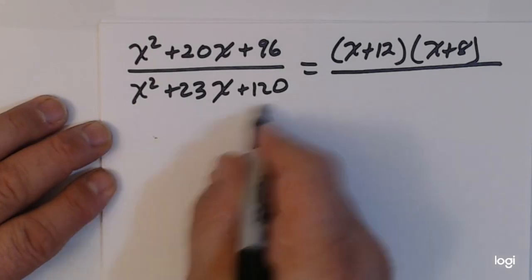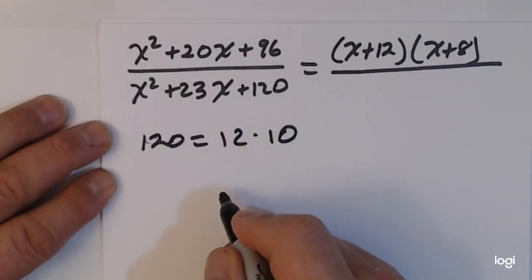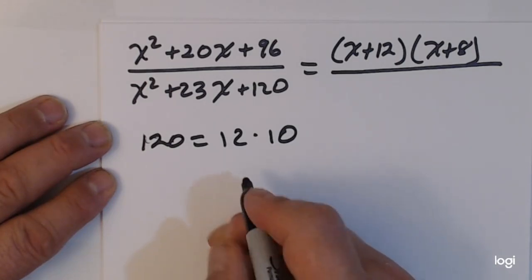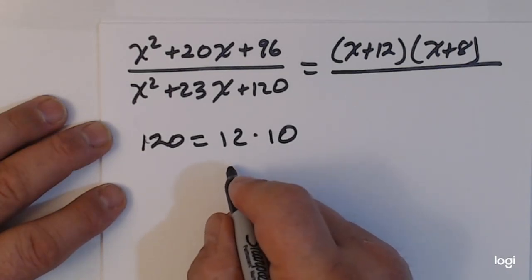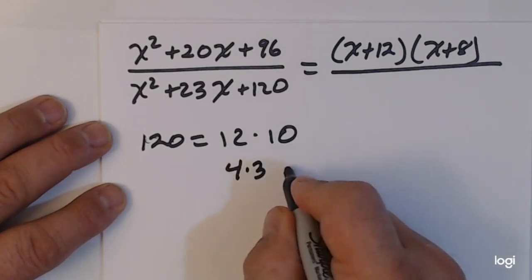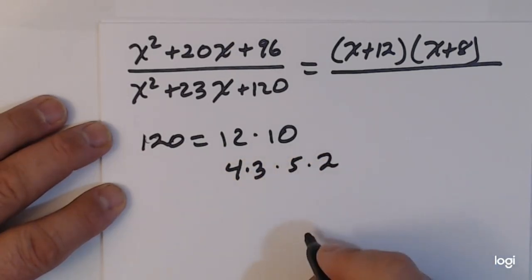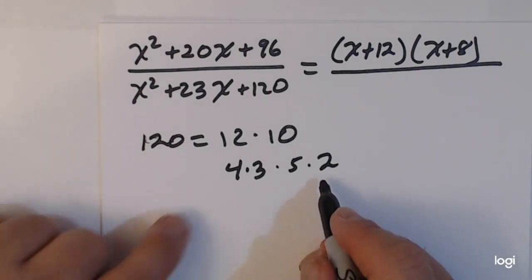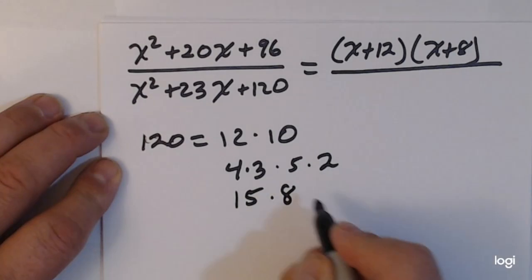We have 120 equals 12 times 10. And 12 is 4 times 3, and 10 is 5 times 2. And if we look at these numbers, we get 15 times 8.